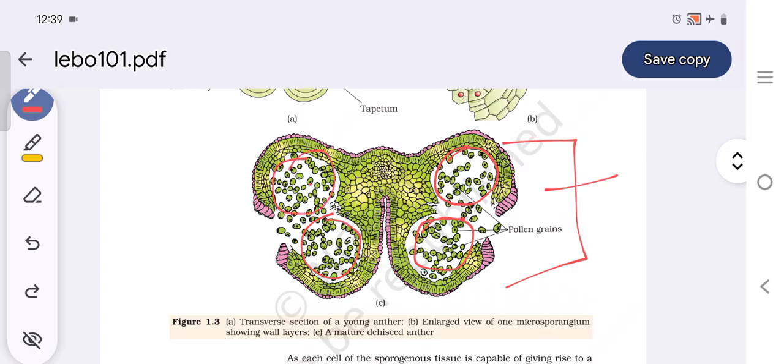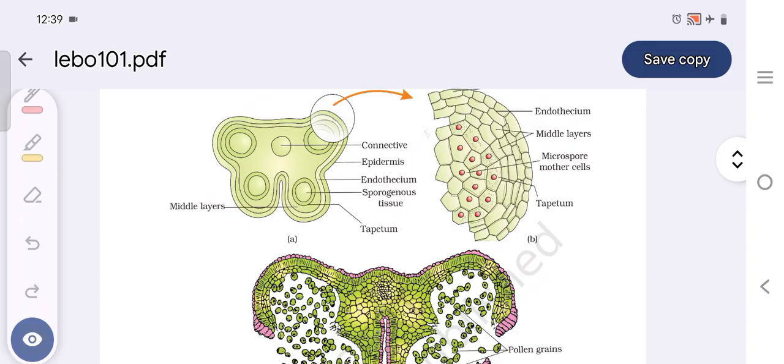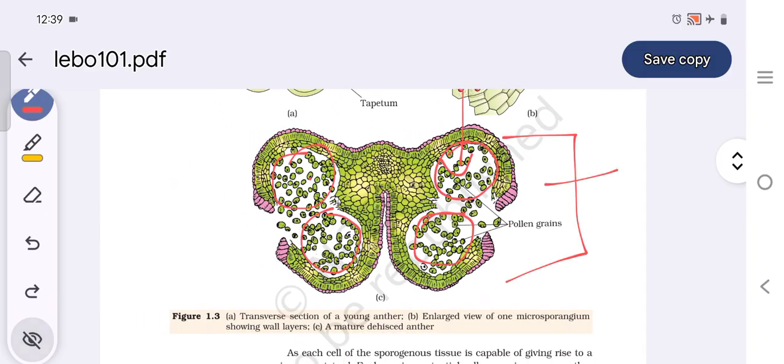Inside these microsporangia, these microspore cells divide, and after division they form these tetrads. If you look closely, you would find 4 cells attached together. These 4 cells together you call the tetrad. And when it is matured, they start separating into pollen grains.